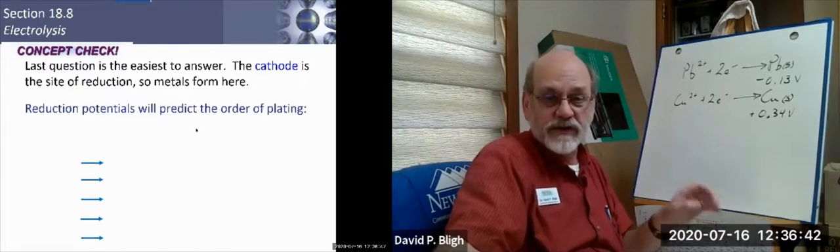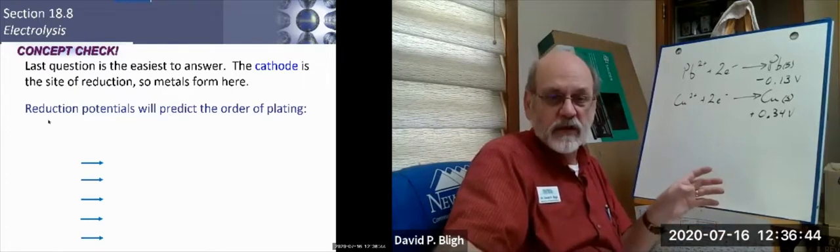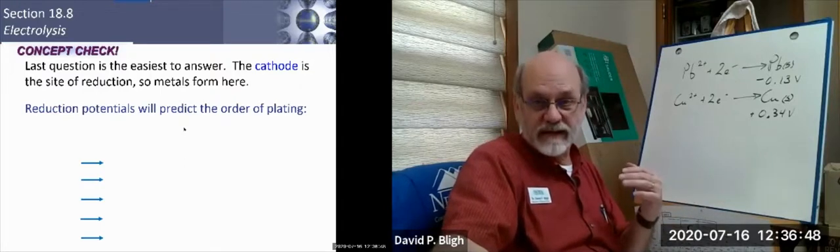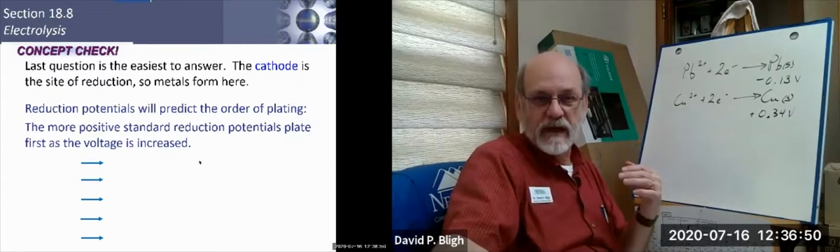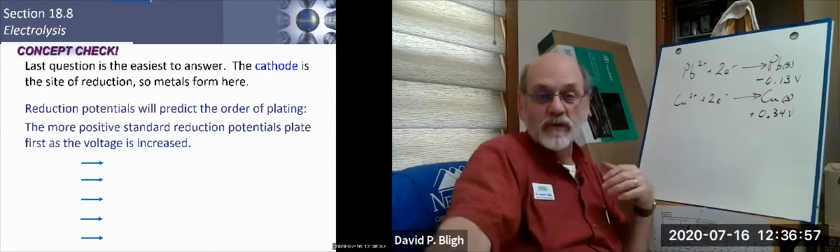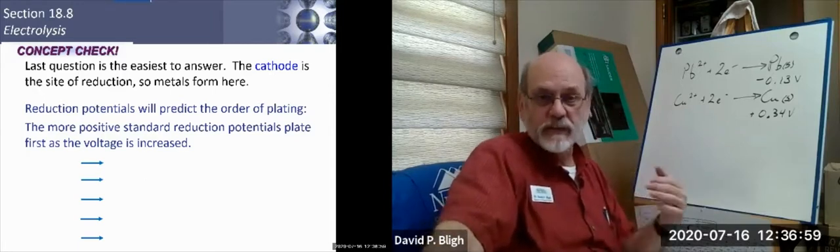So the cathode is the site of reductions, and you need a reduction potential to predict the order of plating. The more positive the standard reduction potential, the sooner it would plate out.